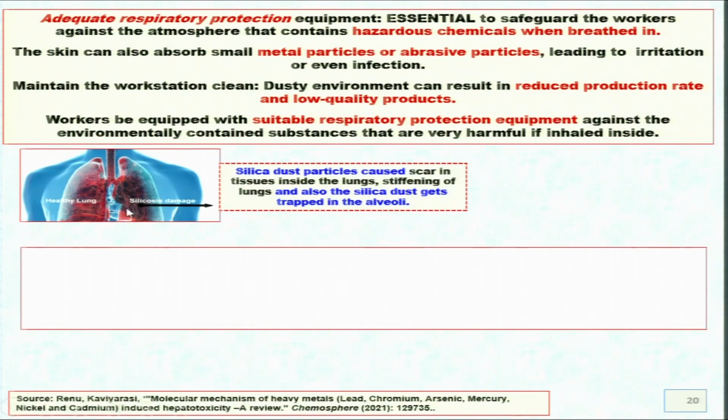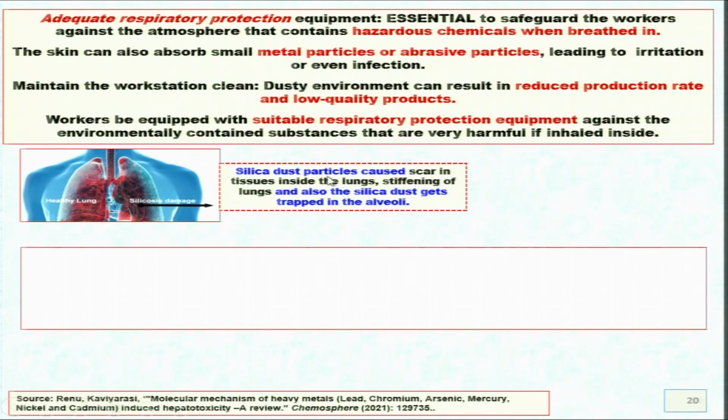You can see here, a healthy lung is here and a silicosis damaged lung is there. This is clearly visible, the difference in the color of these two sides of the lungs because of these particles.